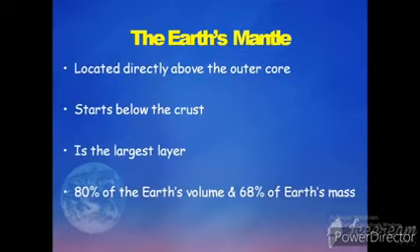Now, what is the earth mantle? The earth mantle is basically located directly above the outer core, and it starts below the crust of the earth. It is the largest layer and comprises 80% of the earth's volume and 68% of the total mass of the earth.